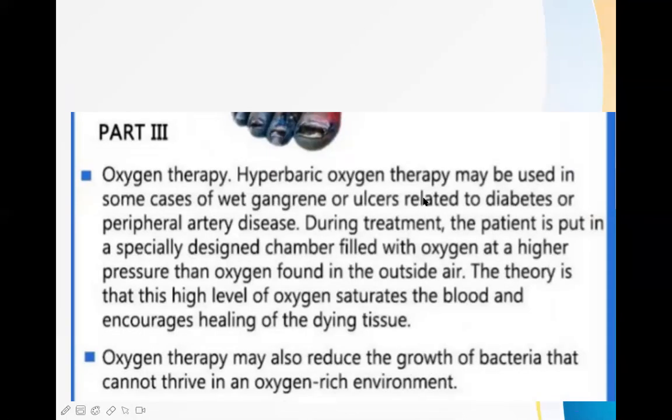Now another type of therapy which I already mentioned is hyperbaric oxygen therapy. Hyperbaric means oxygen is given under increased pressure. That means the oxygen is driven into the tissue. So what is the principle of using this therapy? Remember, these are dead and devitalized areas, so there is a very high chance of anaerobic infection there.